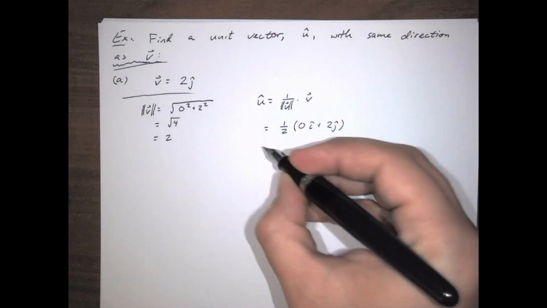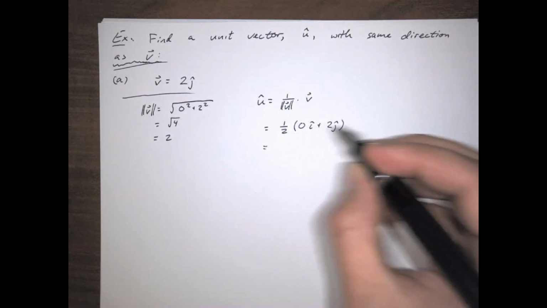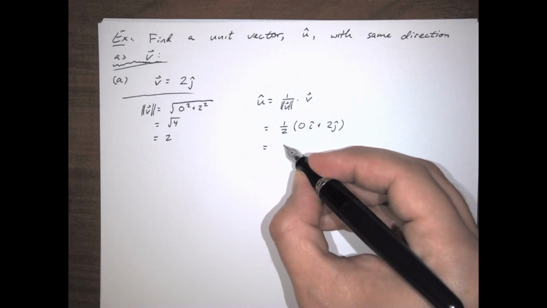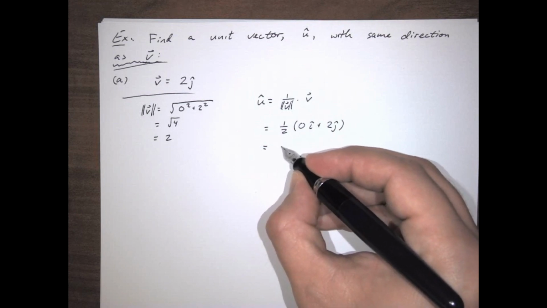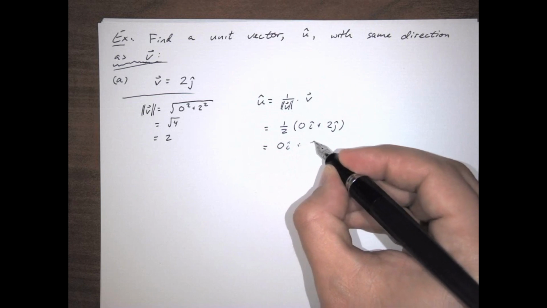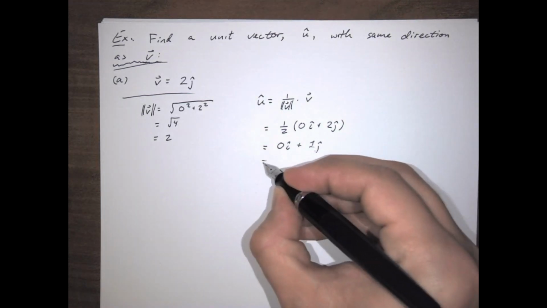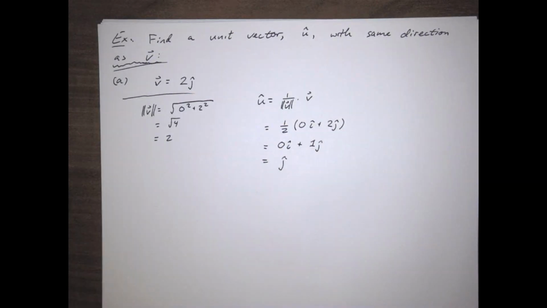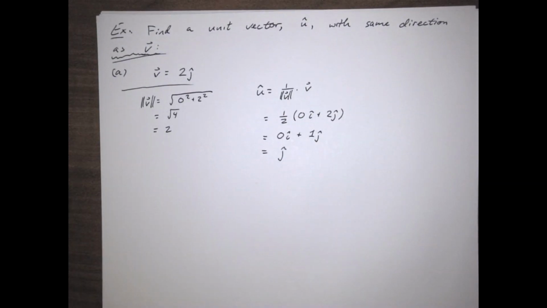I'm writing in the 0 here just to make it clear, and essentially you can just think of it as just distributing. And this is just going to equal 0 plus 1j, which just equals j.